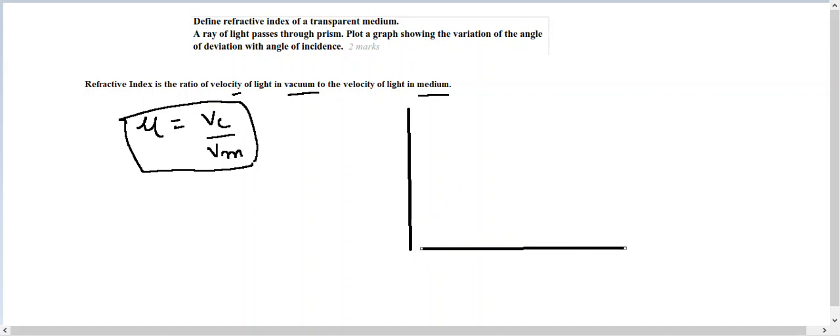One is the x and the other is y. So let us say our x-axis to be angle of incidence, and our y-axis to be angle of deviation.